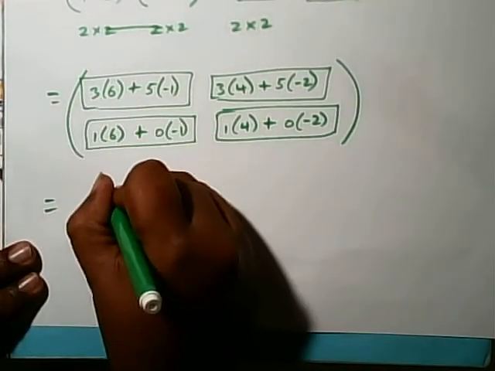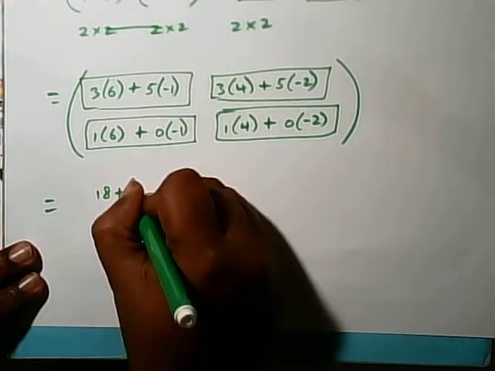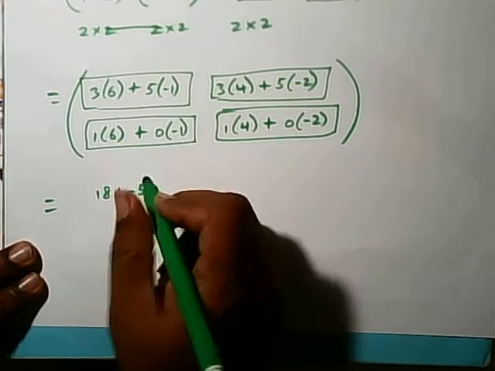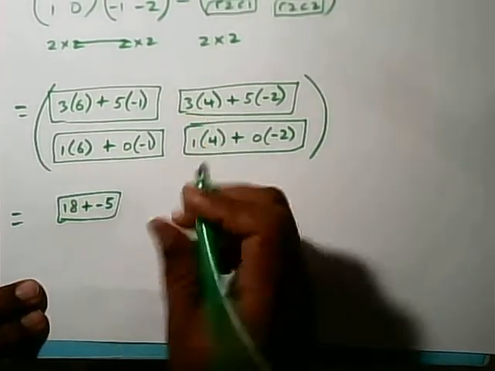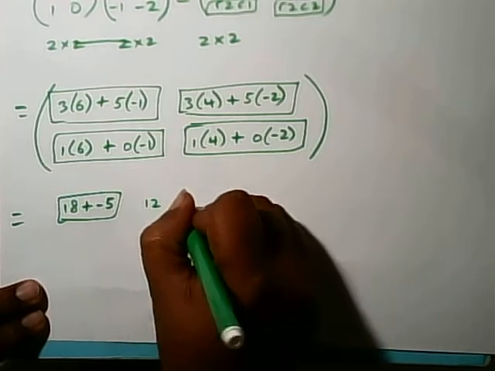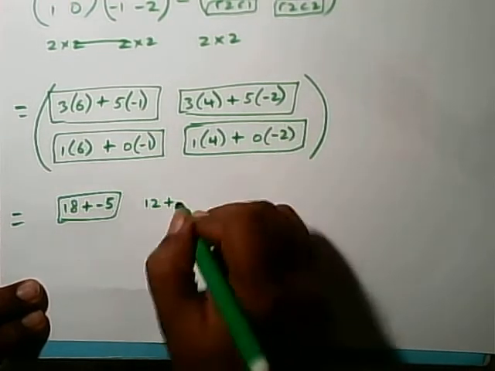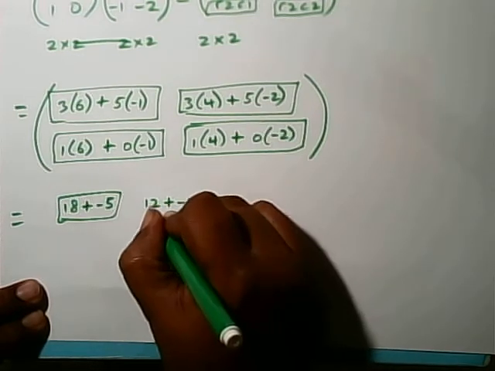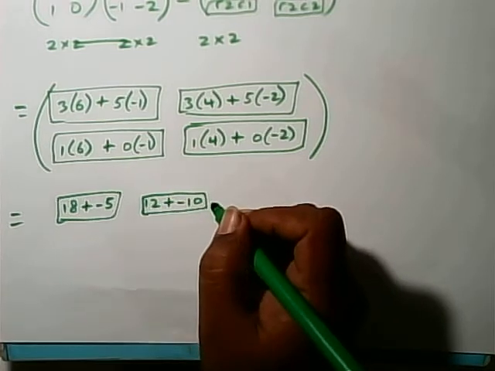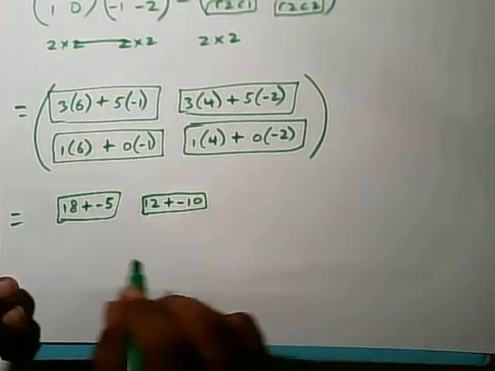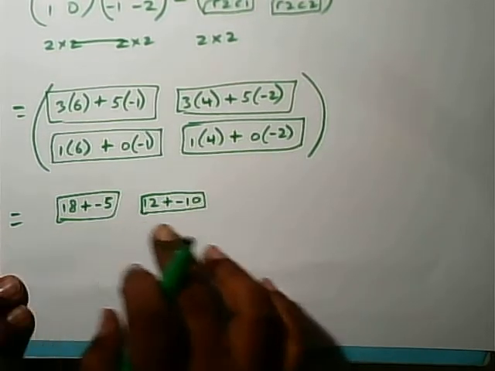Three sixes are 18 plus minus 5. Next, 3 fours are 12 plus 5 twos. 5 by minus 2 is minus 10. I try not to do too many things in my head, but be careful and write out all my steps.